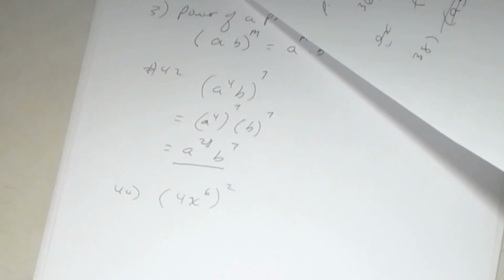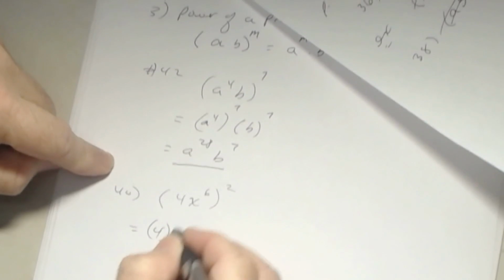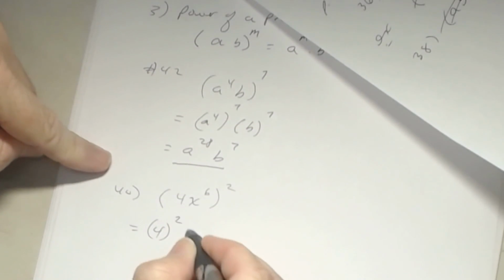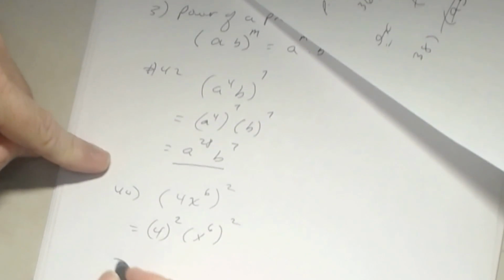If a student messes up with this kind of problem, they're going to mess up with the coefficients. So what you may want to do is actually write in that second step. 4 is being raised to what power? Second. X to the 6 is being raised to what power? Second. And then come up with the answer.